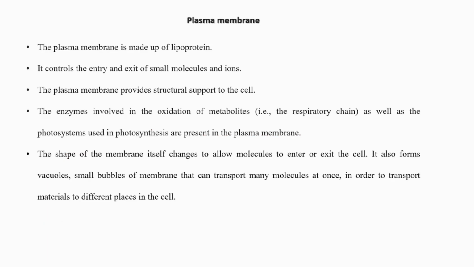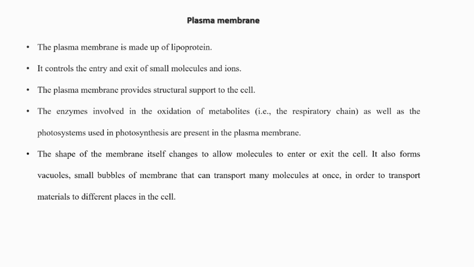Now moving on to the role of the plasma membrane. My dear students, as the bacteria don't have mitochondria, in order to carry out metabolic processes they require various enzymes. These enzymes are active, and the site of metabolic activity is the plasma membrane.